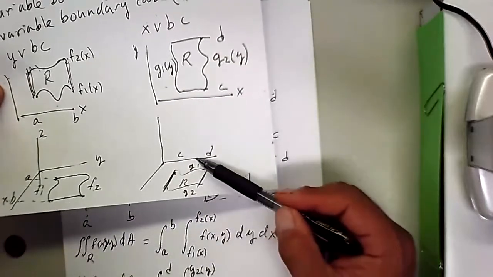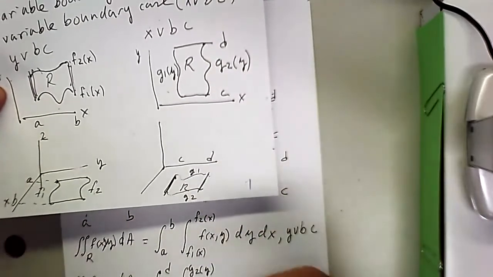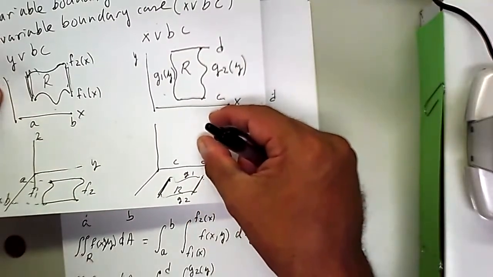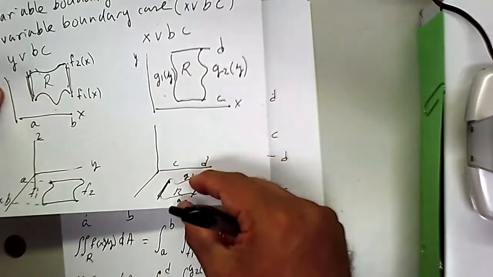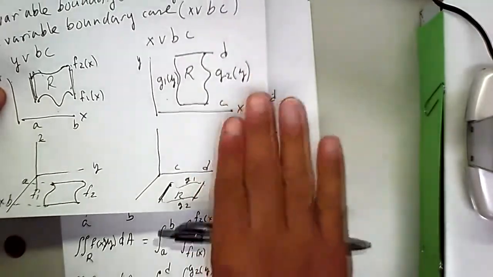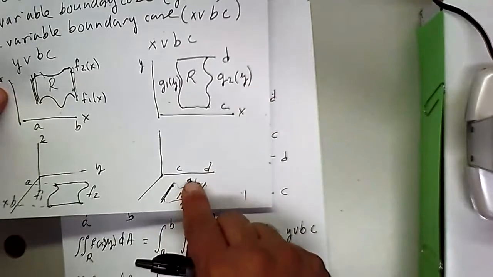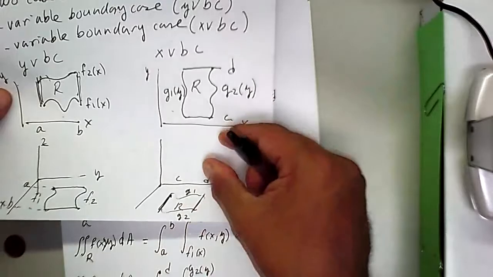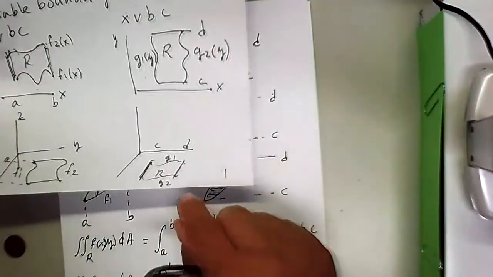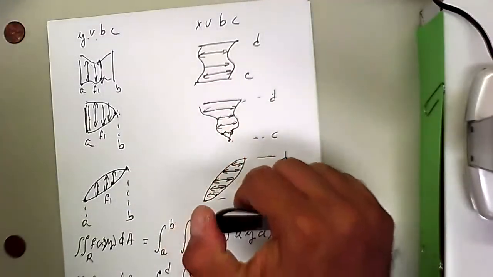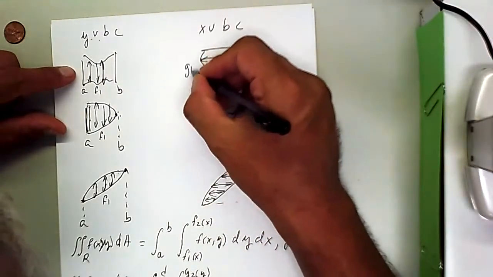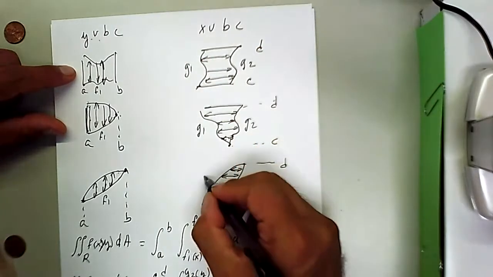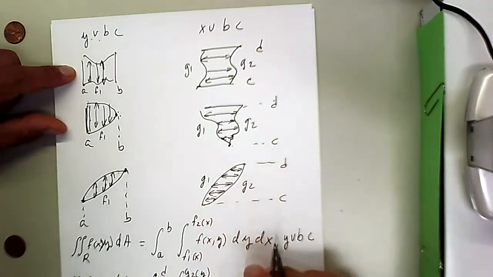This is always going to be the same, regardless of whether the region is in front of the y-axis or behind it. G1 is going to be on the left, and G2 is going to be on the right, G1 of y, G2 of y.